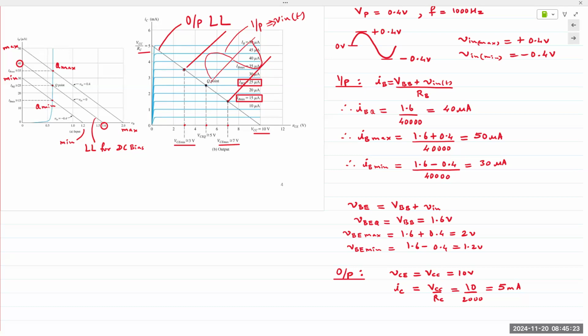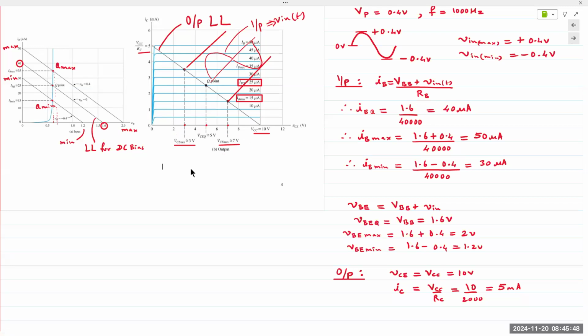Look over on the input side. How much is VBE changing? Very, very little. Maybe 0.01, 0.02 volts perhaps. So a very small change in VBE gives us a significant change in VCE.